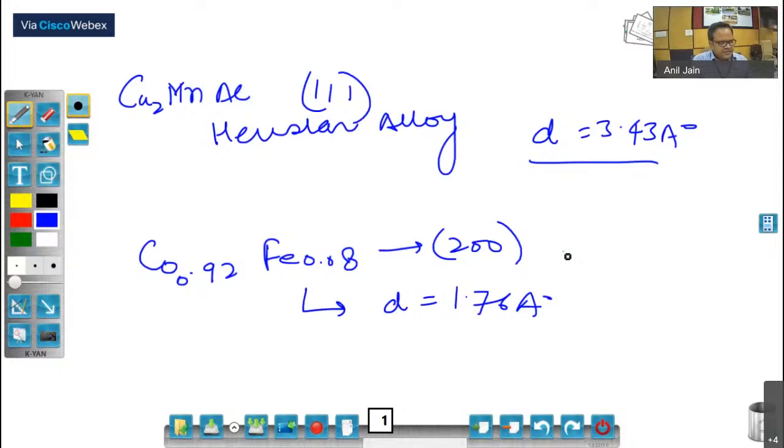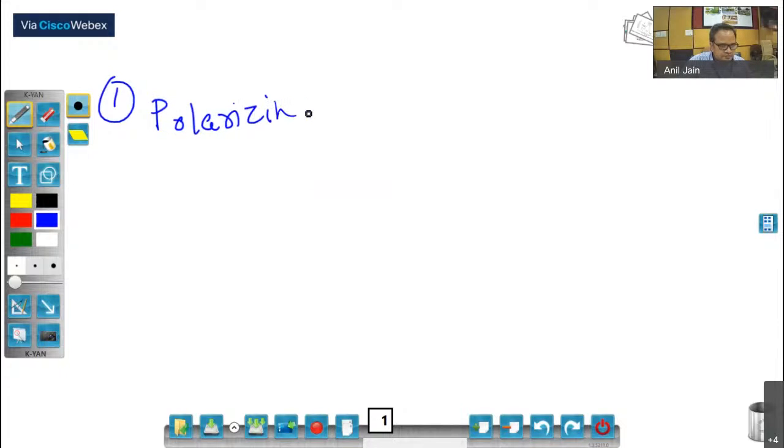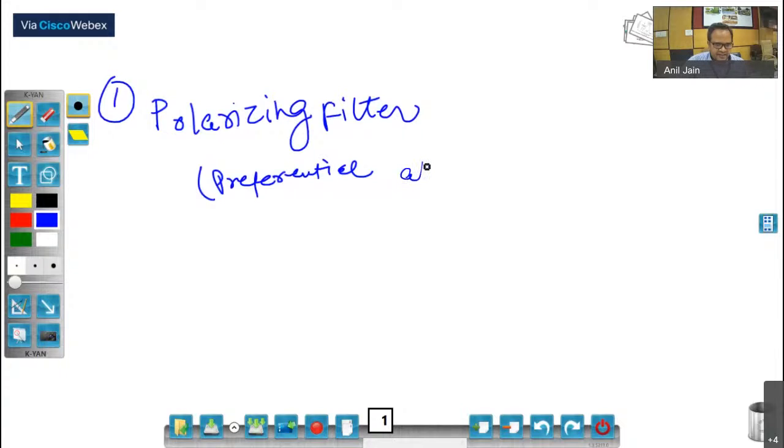So the other way to produce the polarized neutron beam is using polarizing filters, means by the preferential absorption by helium-3 nucleus.